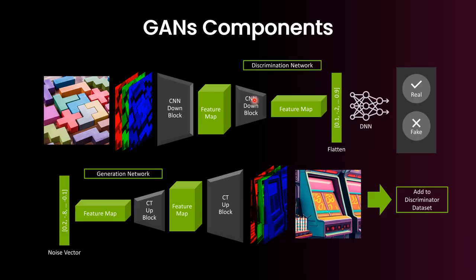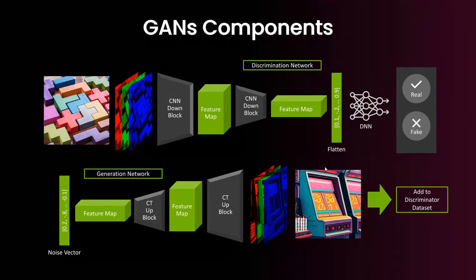This component takes the input image, passes it through a classical CNN architecture, and any CNN architecture can be used as this component, and then makes a decision whether the input image is real or fake.